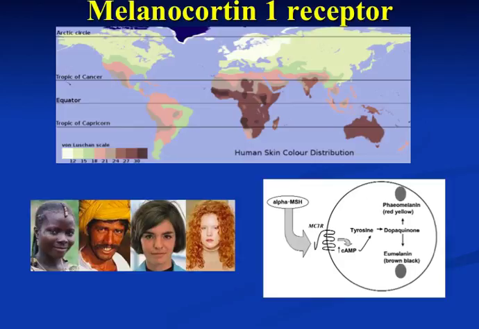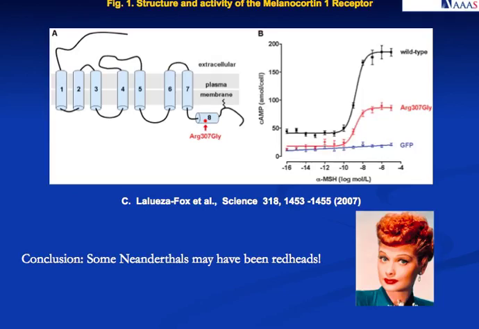Now, the wild type protein for the melanocortin 1 receptor is the one found in people that live near the equator with darker skin, and it can produce the signaling pathway that makes eumelanin.